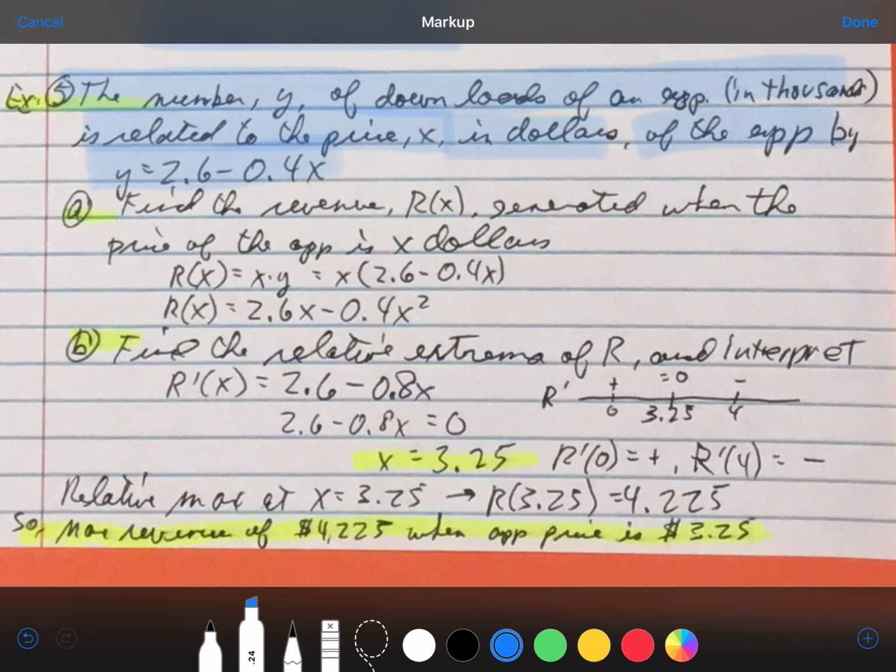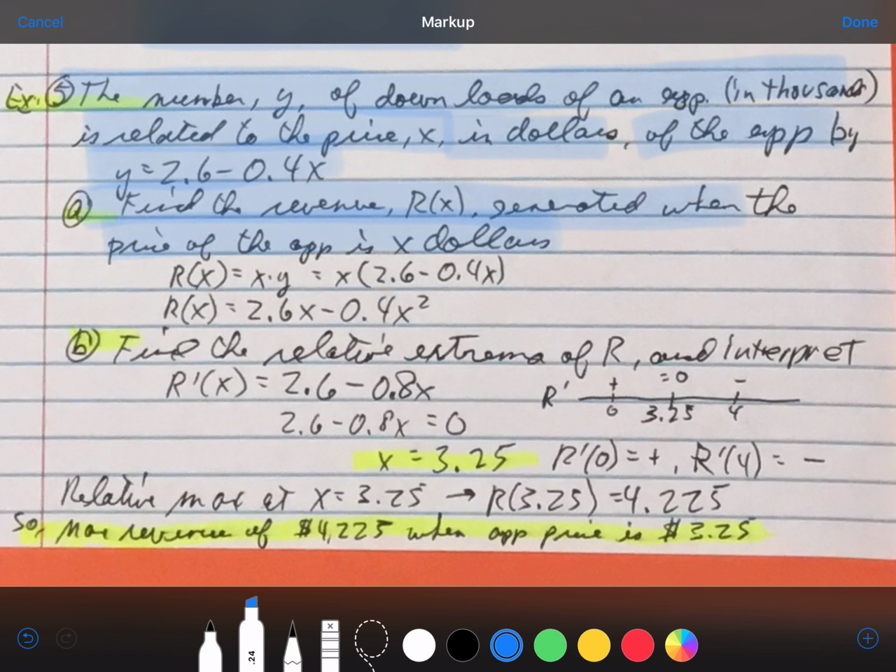So question part A, find the revenue, R of X, generated when the price of the app is X dollars. Right? And we've talked about revenue before: the revenue would be whatever the cost of the item is times the number that you sell, or in this case, the number of times the app is downloaded.